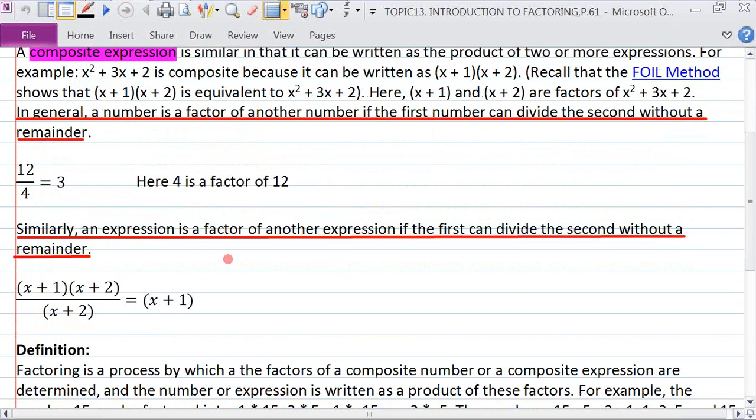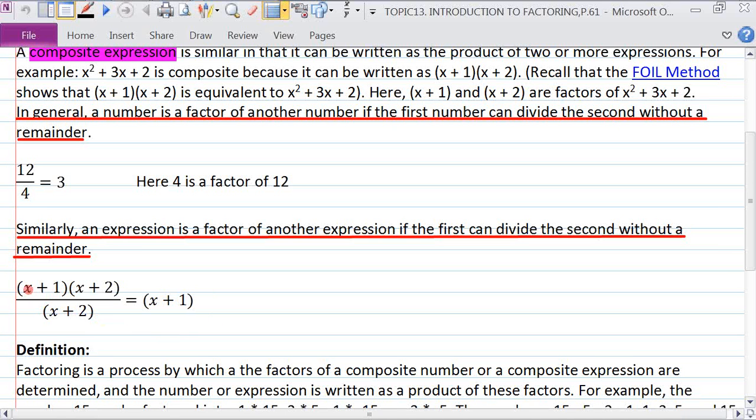Now we're talking about an expression. Similarly, an expression is a factor of another expression if the first can divide the second without a remainder. So here we're taking x plus 1 times x plus 2 and dividing it by x plus 2, and the x plus 2 cancels, and we're left with x plus 1, no remainder.